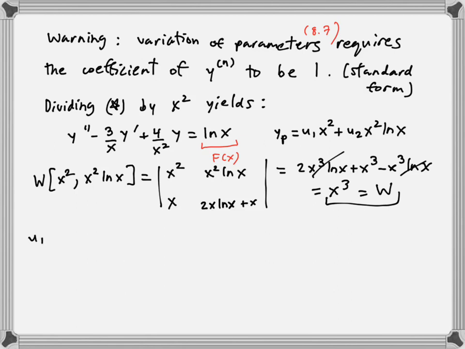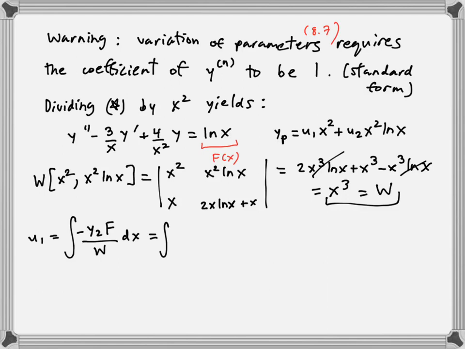Now, remember our formulas for u1 and u2. u1 is equal to negative y2 times f divided by W. This is what we have to take the integral of. So this is going to equal, let me see, what was y2?